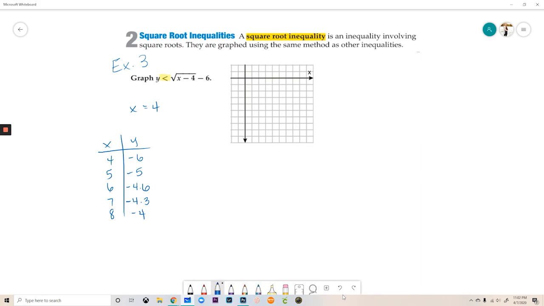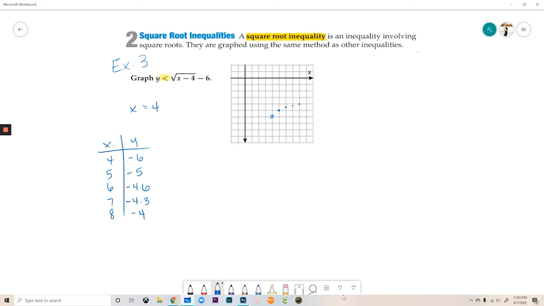So I'm going to leave an open circle at the point 4, negative 6. So 1, 2, 3, 4, 1, 2, 3, 4, 5, 6. There is an open circle right there. And then I'm going to keep plugging in the rest of these. So 5, negative 5; 6, negative 4.6; 7, negative 4.3; 8, negative 4.